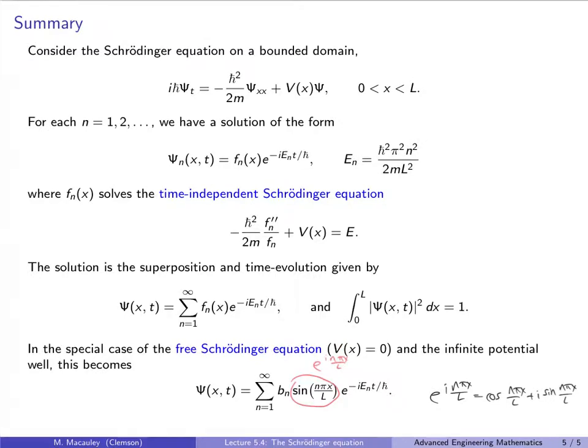And then you can actually combine these two exponentials, and write this as the sum from n equals 1 to infinity of bn e to the, factoring, i times n pi x over L minus En t over h bar, where En of course has pi's and n's and h bars buried in it.